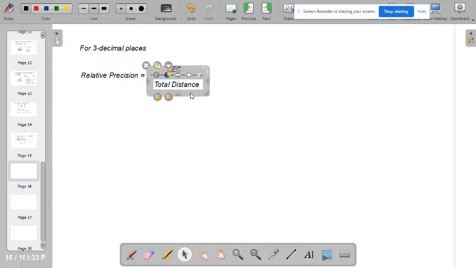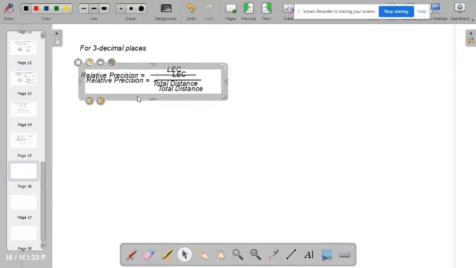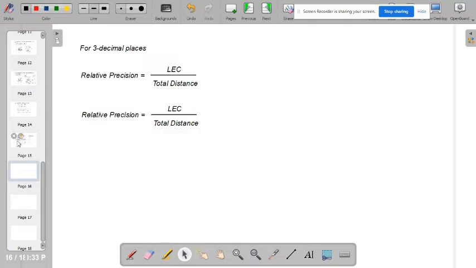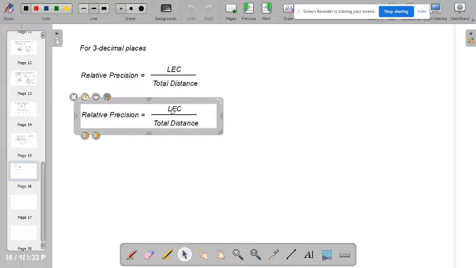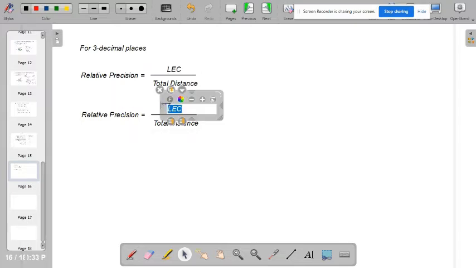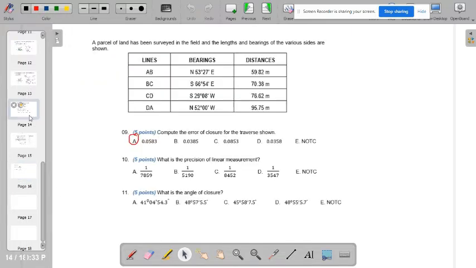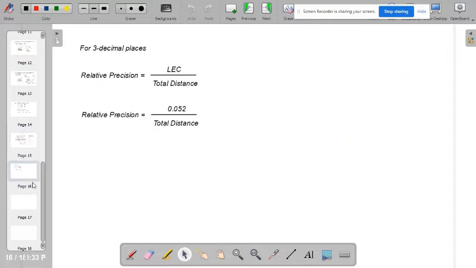Okay, so since the total distance is already there, we can replace this LEC. We have 0.052. Okay, let's try to use 0.052. And then the total distance is 302.57. All right.